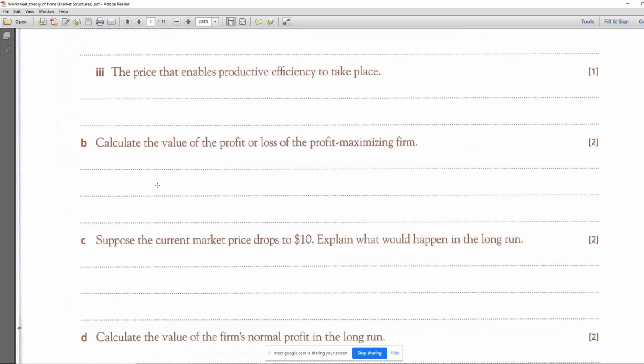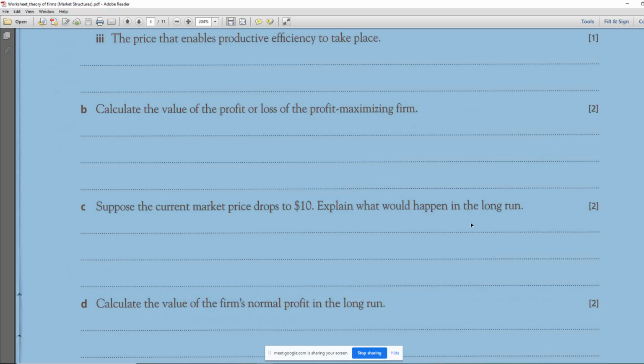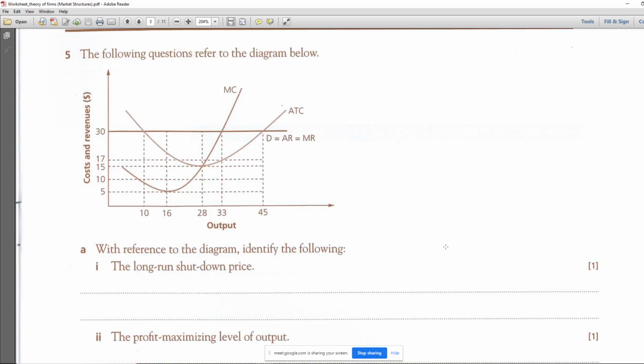Now we are here. Suppose the current market price drops to $10. Explain what would happen in the long run. Take a look at this. If the price drops to $10, what will happen in the long run? Now the price is here in the short run.